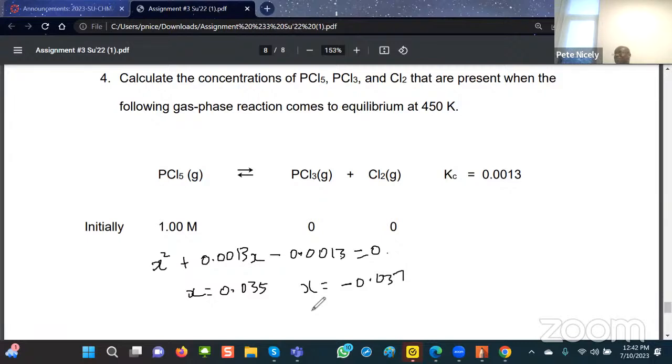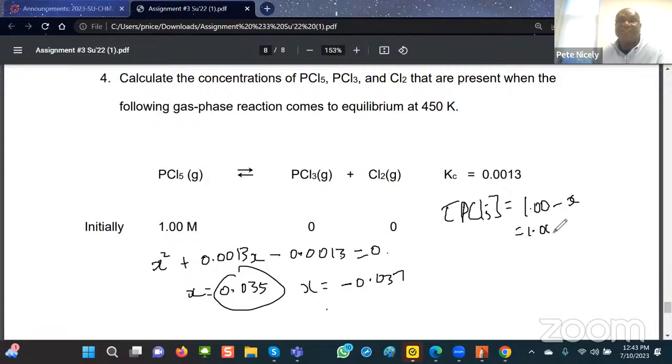All right. So once we get that, basically we can now find the concentration of each of these terms. Now, if you remember from the ICE table, the concentration of PCl5 would be equal to 1.00 minus X. And in this case, X would be equal to what we just found here.